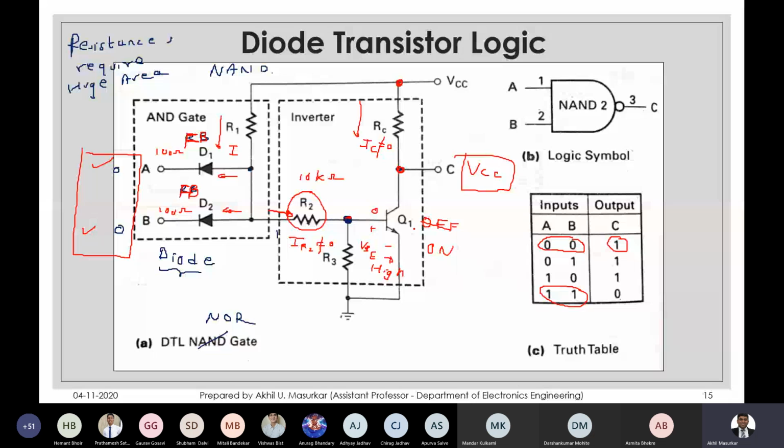And since the transistor is on, it offers a very low resistance path. That is why this point is as good as connected to ground. And that is why you get a 0. So that's how it works as a NAND. So you can try out the middle two cases.